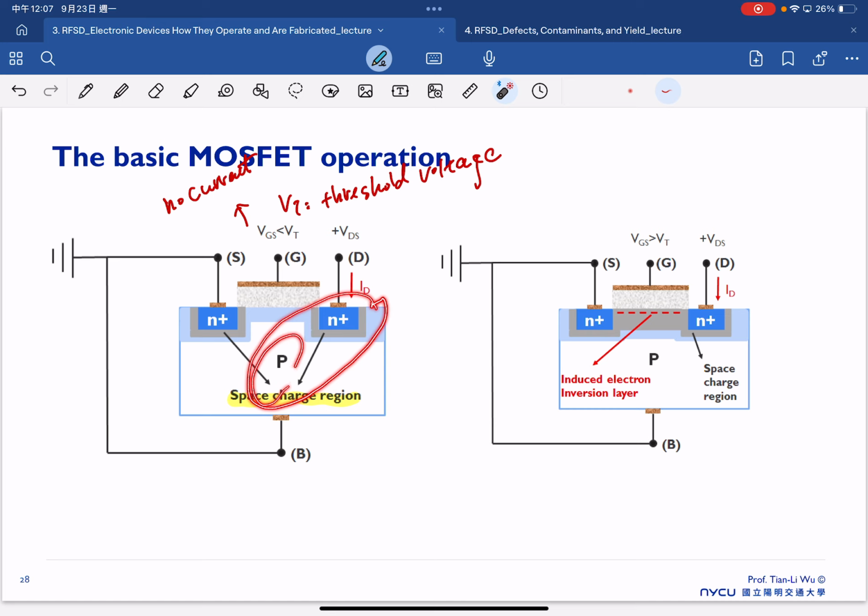And this P-N junction will play a crucial role when we try to fully understand the MOSFET.